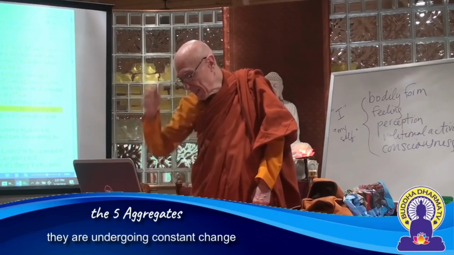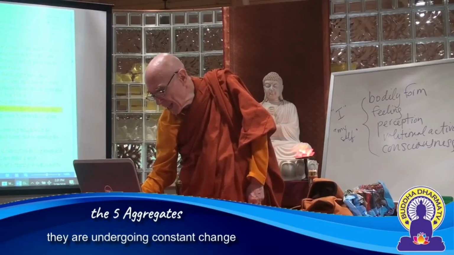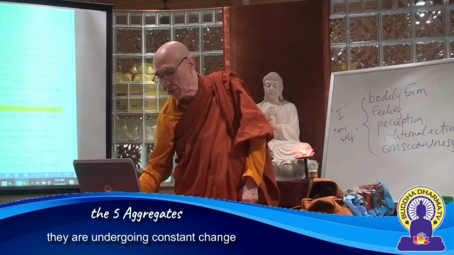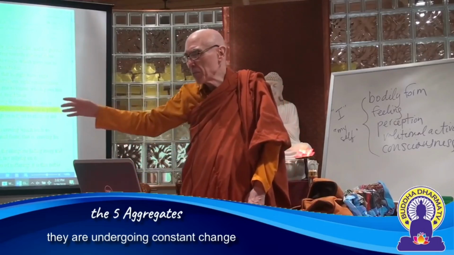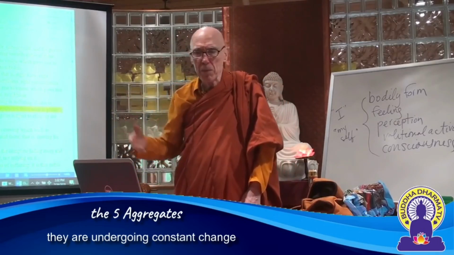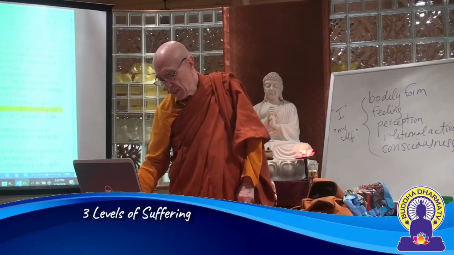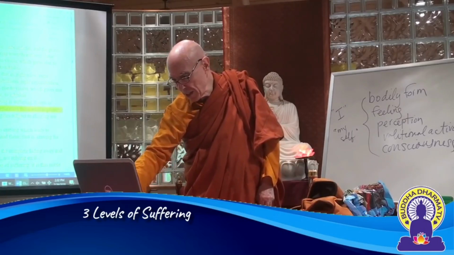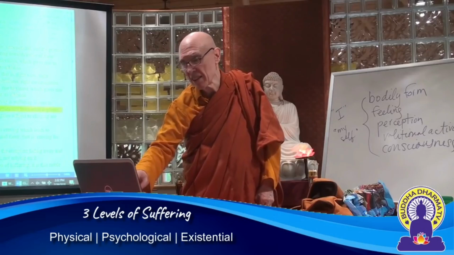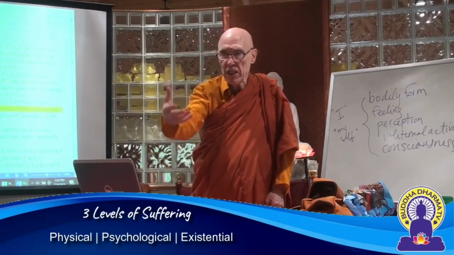So I call this, in my outline, the aspect of existential dukkha. So it's an aspect of dukkha that spreads to all of our experience. And so we have the 3 levels here we could see in the First Noble Truth. From birth to death, we could say these are the manifestations of physical suffering.